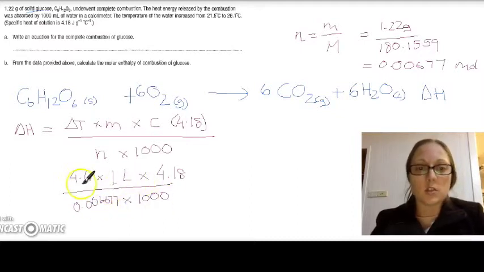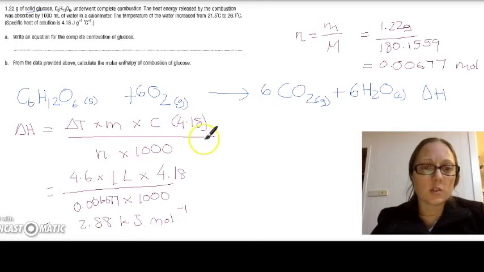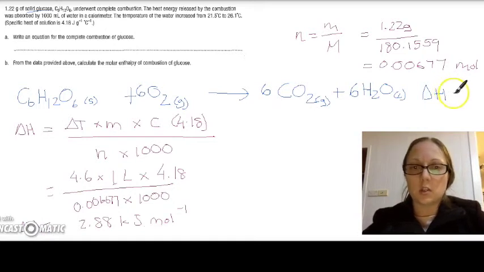And so if we put that back into our formula, 0.00677, and we complete our calculation here, timesing out our top line and dividing it by our bottom line, we end up with delta H equal to 2.88 kilojoules per mole to the power of minus 1. And so that then becomes our delta H, and we can put that back into our combustion reaction.